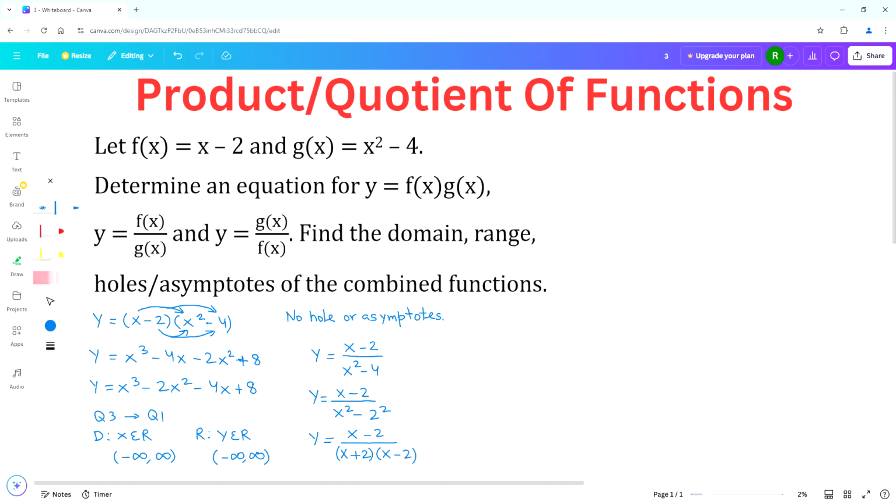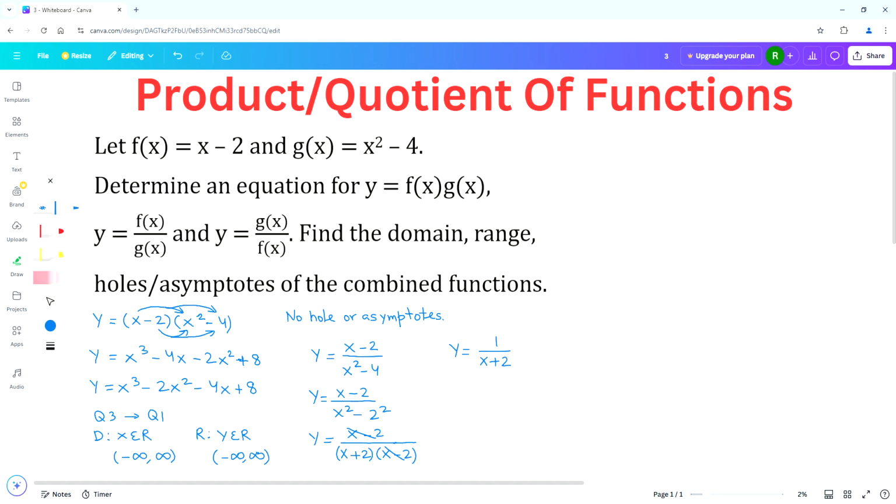This is the factored form for the denominator. We can cancel out the x - 2 from the numerator and denominator. This is the equation for y = f(x) over g(x).